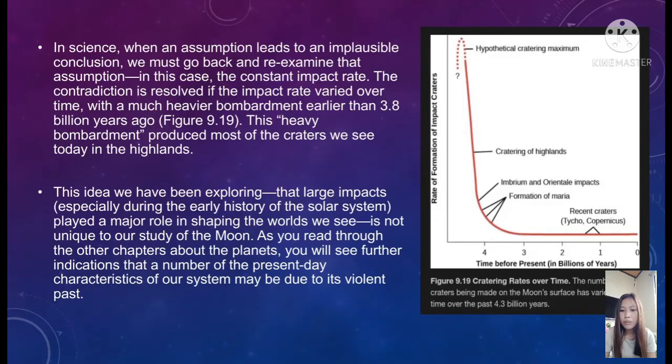In science, when an assumption leads to an implausible conclusion, we must go back and re-examine that assumption. In this case, the constant impact rate. The contradiction is resolved if the impact rate varied over time, with a much heavier bombardment earlier than 3.8 billion years ago, as in figure 9.19, and this heavy bombardment produced most of the craters we see today in the Highlands.